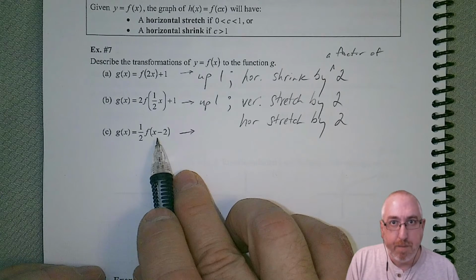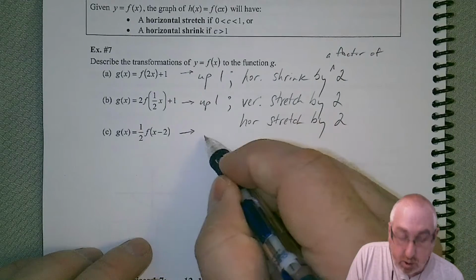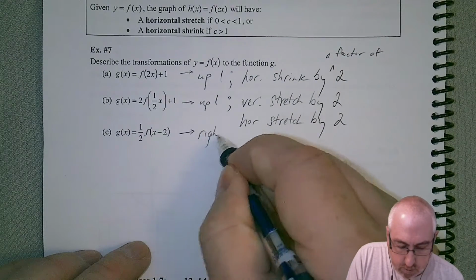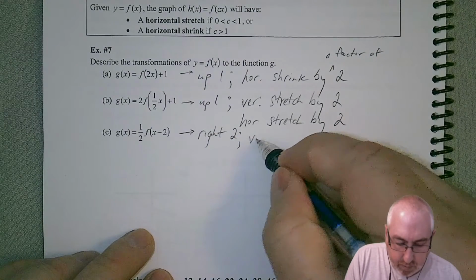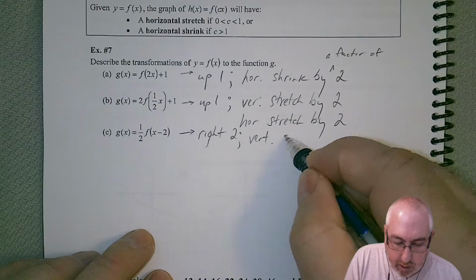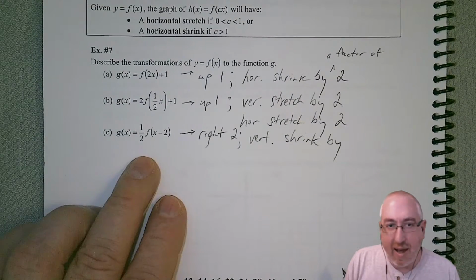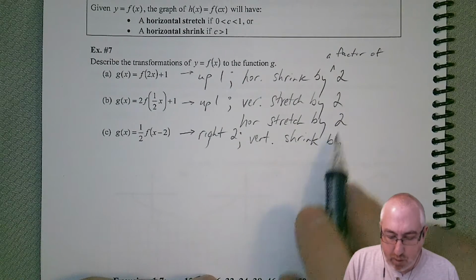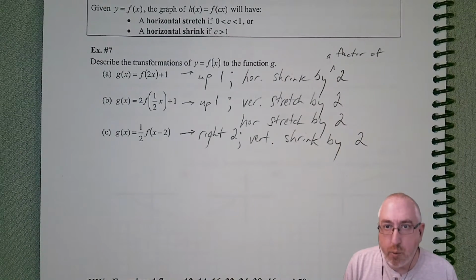Because it's a -2 and it's on the inside, we know it's a horizontal shift and it's to the right. So right 2, and then this is going to be a vertical shrink by, because it's a fraction and we're using it in this way, we would say a vertical shrink by a factor of 2.